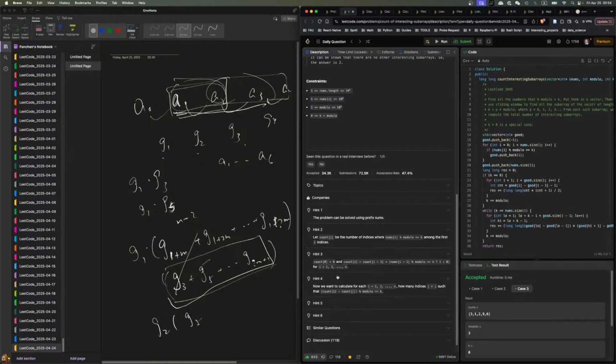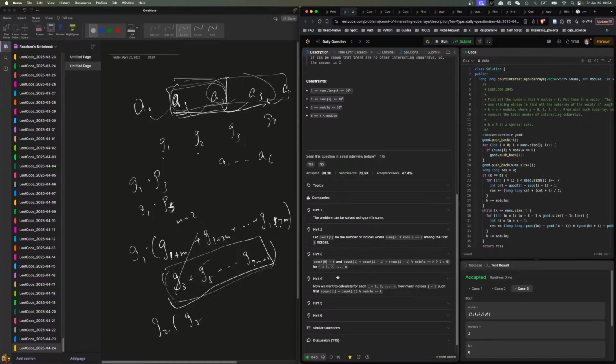Calculate for each how many indices j is smaller than I such that... how many indices. Okay, so basically I have a count I is the number to the previous, and a count j is, yeah, we just need to find the count I minus count j is the in between modulo equal to k, right?